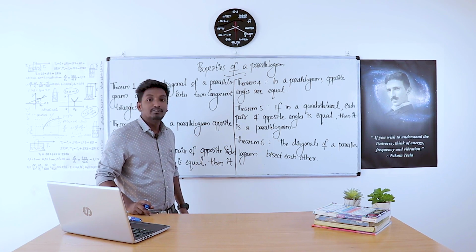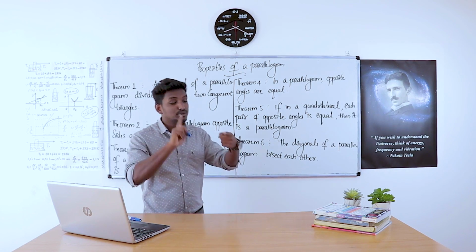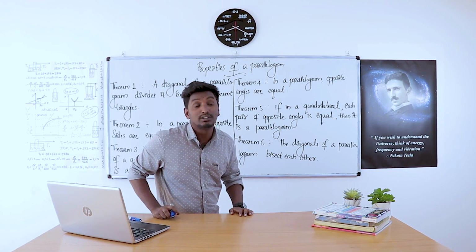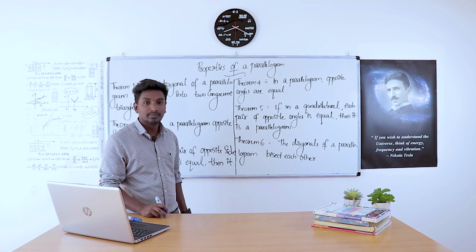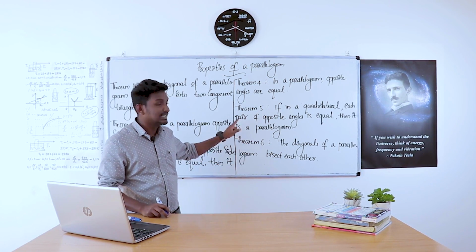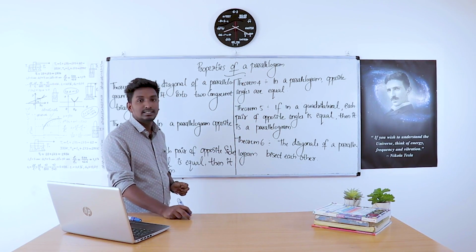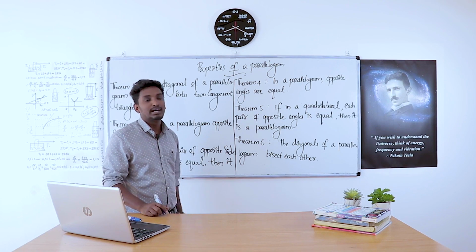So when we draw two diagonals of a parallelogram, these two diagonals cut each other exactly into two equal parts. That means they exactly bisect each other. So this theorem 6 can also be stated in other words: if in a quadrilateral the diagonals bisect each other, then it is a parallelogram.